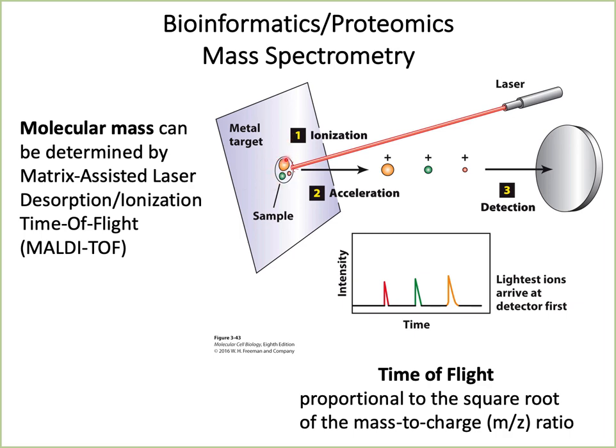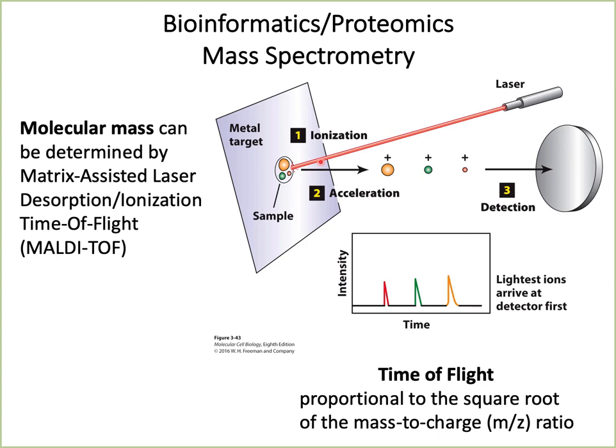And then once they become charged due to this incident laser, they will be ejected from here, and they will accelerate towards another detector. All the particles will move at a different rate. If the particle is small, those particles will move faster compared to the particles which are much heavier.